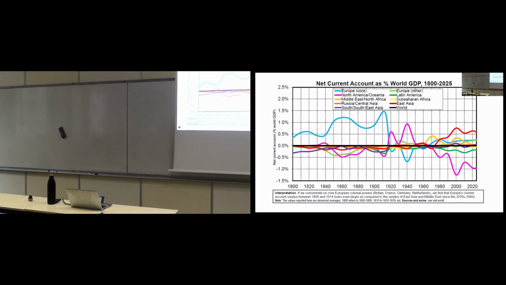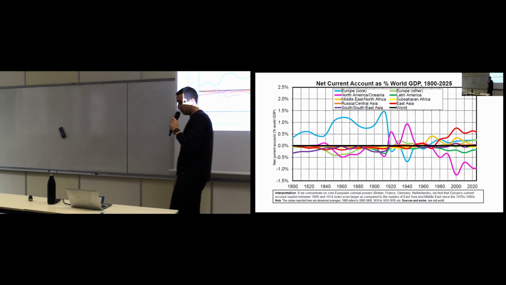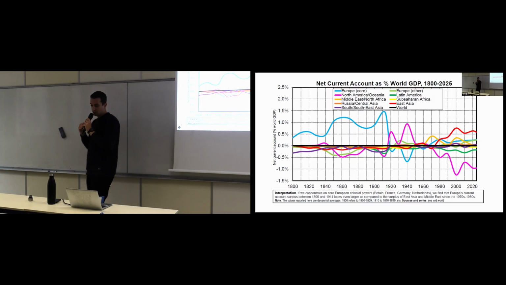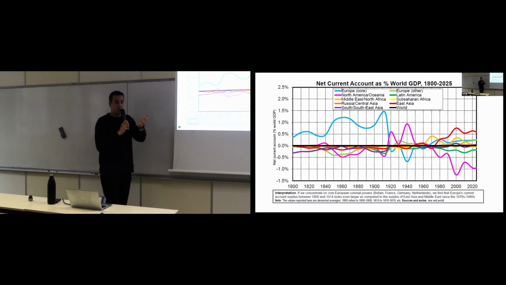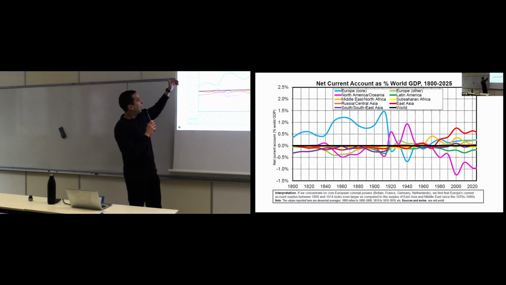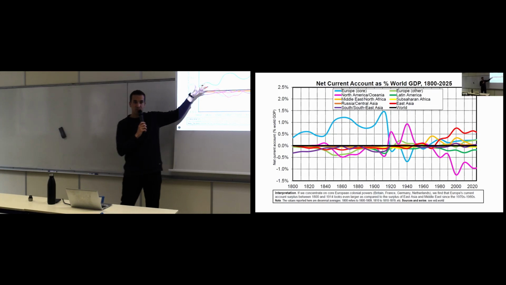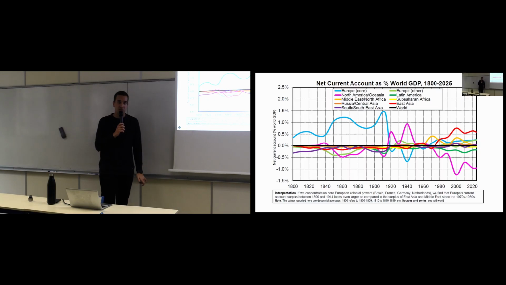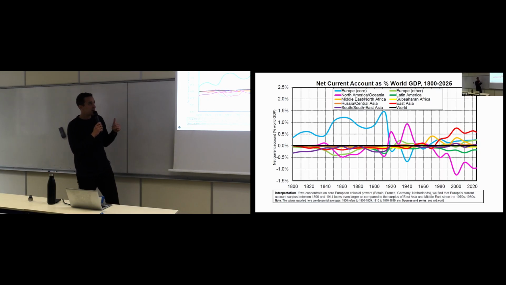They're not even near. So today, East Asia, China especially, each year records more or less 0.5% of the world GDP as current account surplus, which is impressive, and every country would like to do that. But it's comparable only to Europe at the beginning of the period, not to peak Europe, where they were recording 1.5% of the world GDP as surpluses.